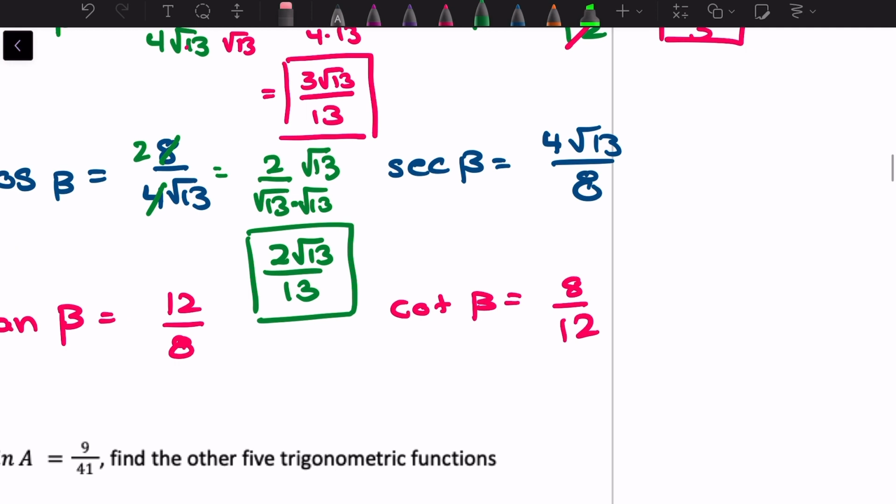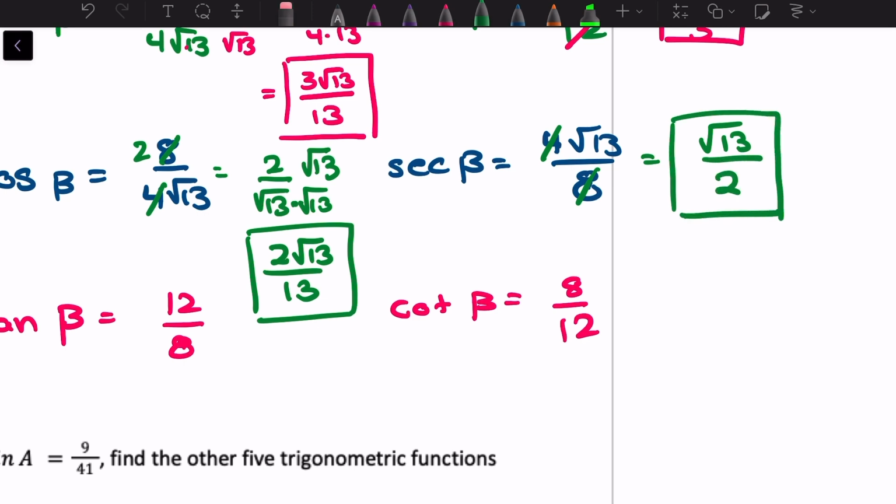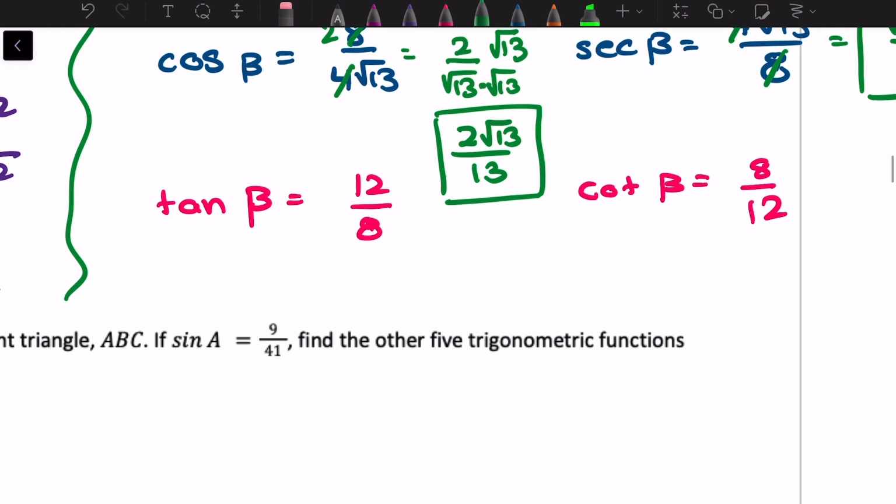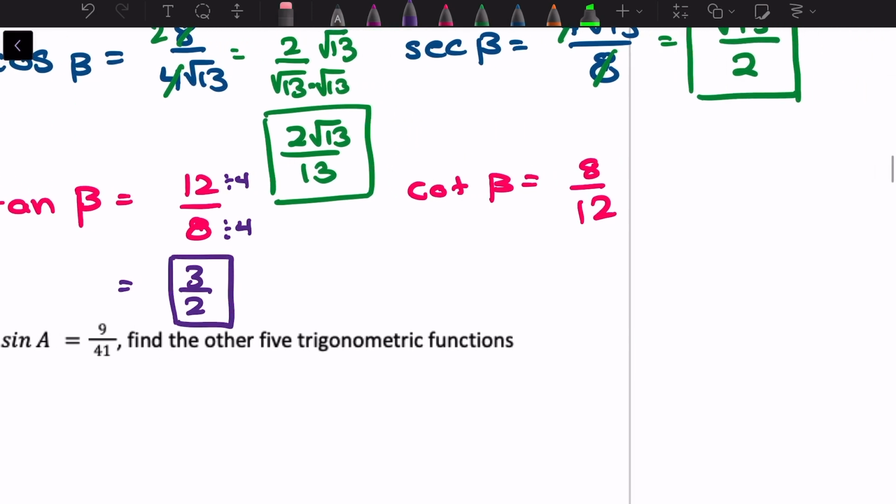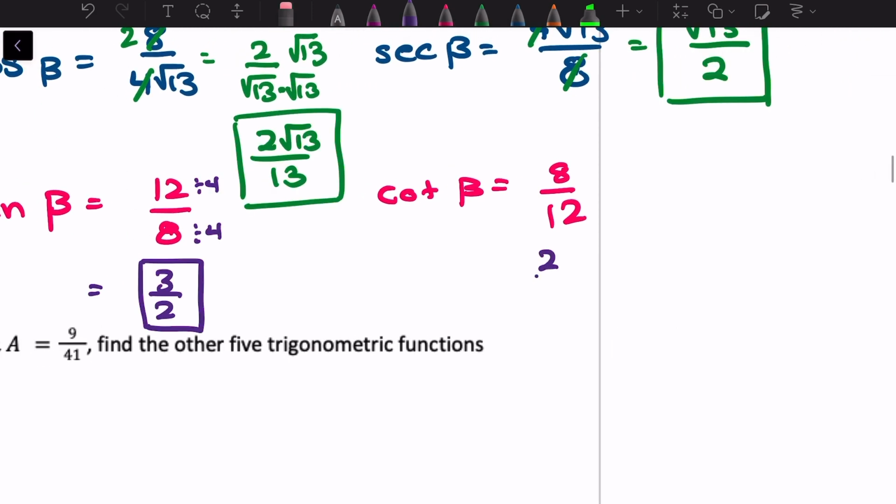And here, the 4 and the 8 reduce. So I get radical 13 over 2. And then for tangent, that is just reducing, dividing by 4, so that I get 3 over 2 as tangent of beta. And cotangent is going to be 2 over 3.